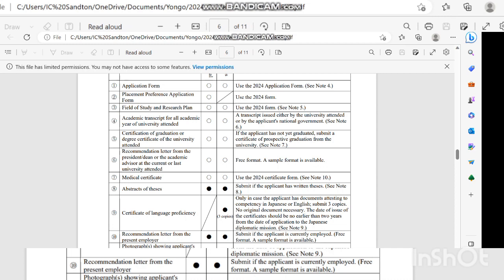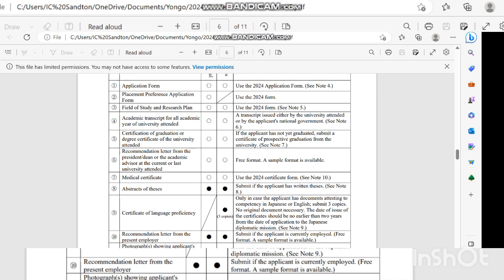So we've looked at the application form, the placement preference, the field of study and research plan in this video. Then academic transcript for all academic years of university attended. That's pretty clear. You get that from your school, and it should include the grading system. Please don't forget, if you're scanning, to scan the separate page of your grading system and include it in the academic transcript document.